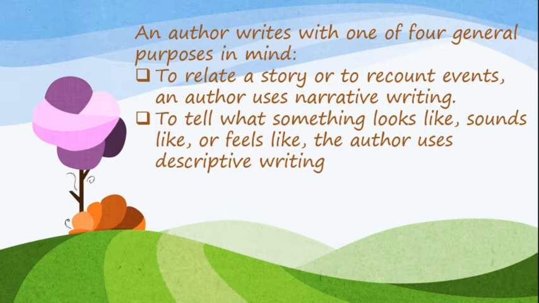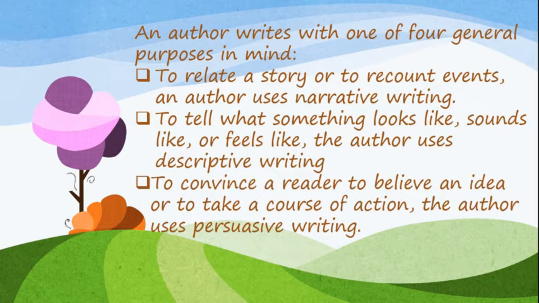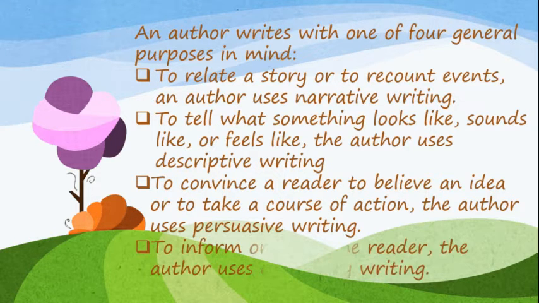Third is to convince a reader to believe an idea or to take a course of action. The author uses persuasive writing. So the author wants to persuade. Or to inform or teach the reader. So the author uses expository writing. So don't forget those four: narrative, descriptive, persuasive, and expository writing.